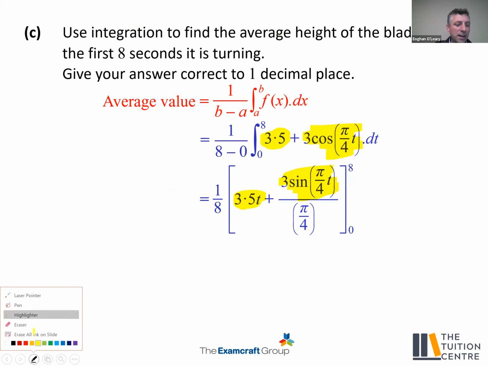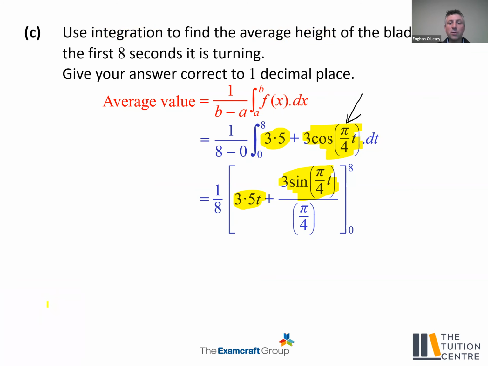But because it's not just t here, because there is a coefficient pi over 4 on the t, with integration we must divide by the differential of pi over 4 t. So we have pi over 4 t, and that would differentiate to be pi over 4. In integration, we must divide by that differential. So we're dividing by pi over 4. We have our limits from 8 to 0, and we're going to multiply by 1 over 8.